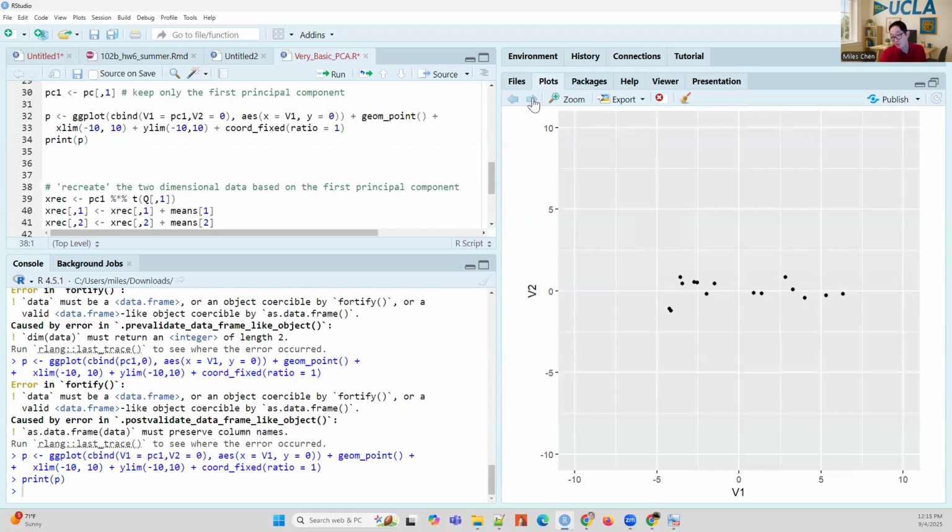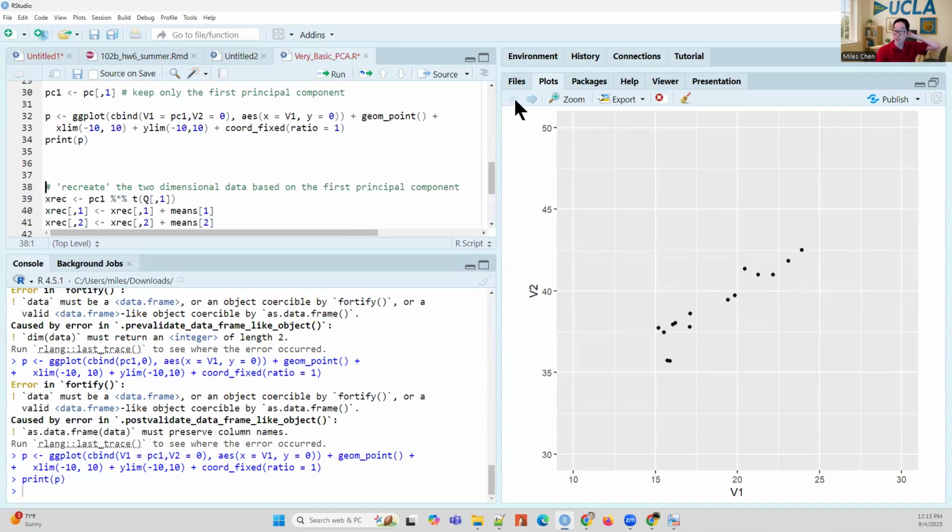I don't know if you can see, we're just collapsing them onto the x-axis here. So here's the original data, we're rotating it to maximize the variance in one direction, and then we've collapsed it down to here.